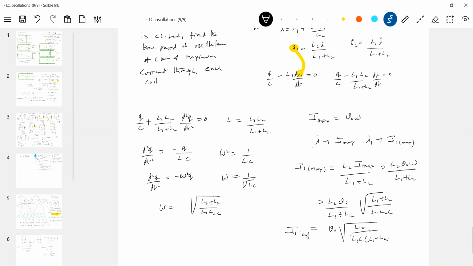This will be the maximum current through the first coil. Similarly, for the second coil, you can write I2 max equal to Q naught, L1 by L2 C, L1 plus L2. Straight away by comparison only I'm writing it. It will be Q naught L1 L2 by L1 plus L2.